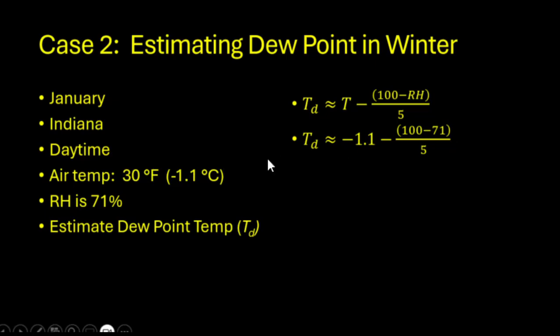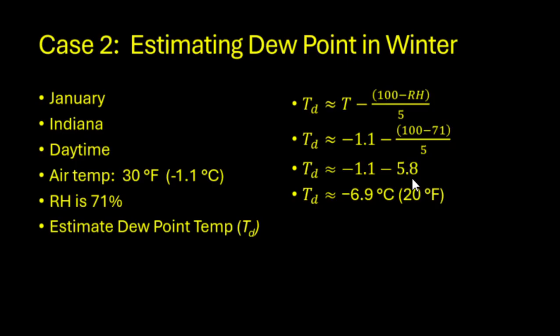And then we have our RH at 71%. Just plug that in there. And so you then put those numbers together. 100 minus 71 over 5 is 5.8. Negative 1.1 minus 5.8 is equal to a dew point temperature of negative 6.9 degrees Celsius or 20 degrees Fahrenheit.